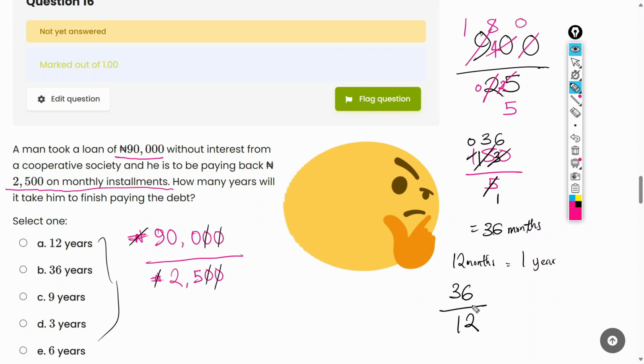We can divide by 4. 4 into 1 is 0, carry 1. 4 into 12 is 3. 4 into 3 is 0, carry 3, that's 36. 4 into 36 is 9. And we have 9 divided by 3, which is 3 years. So if he pays 2,500 naira every month, in 3 years, he would have paid off his 90,000 naira debt.